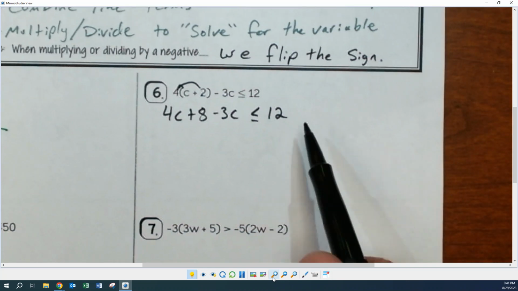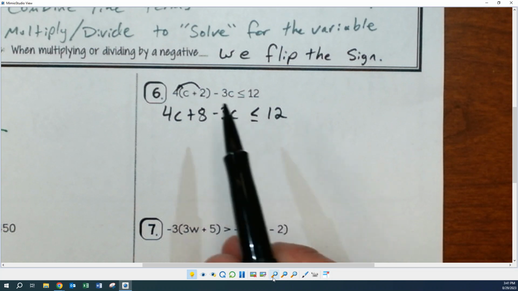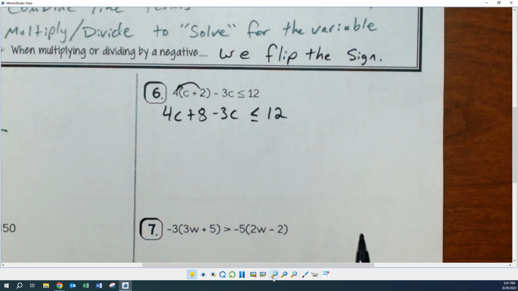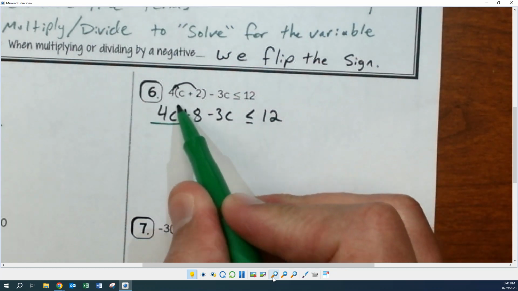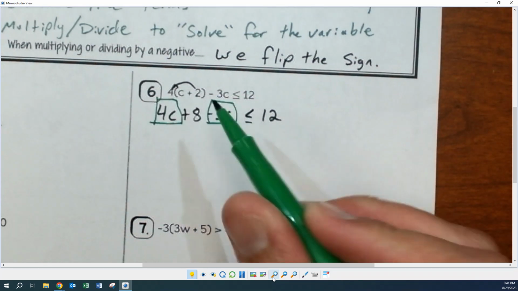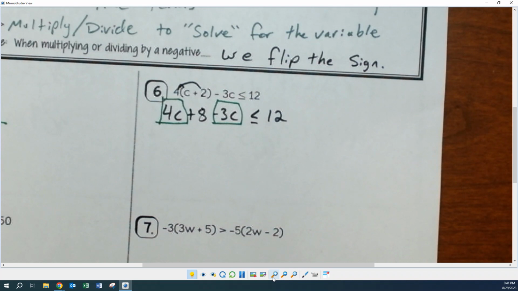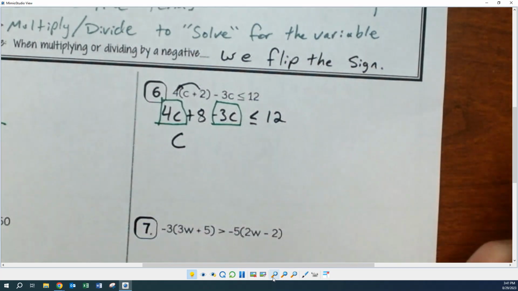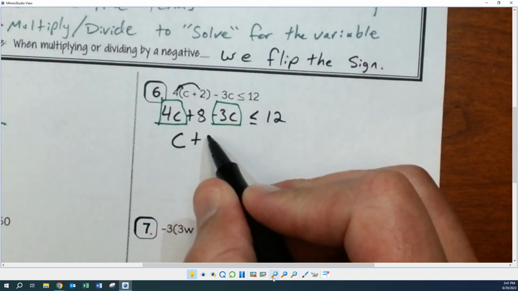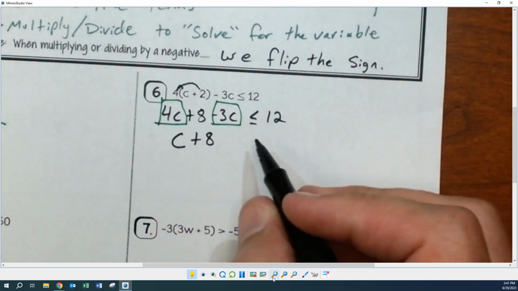In this case, because I do not have terms on both sides, I'm going to combine like terms and then solve as a two-step equation. My terms that are alike are this 4c and this negative 3c. 4c minus 3c is just 1c plus 8, because nothing happened with this 8.